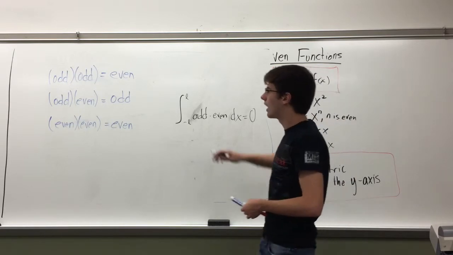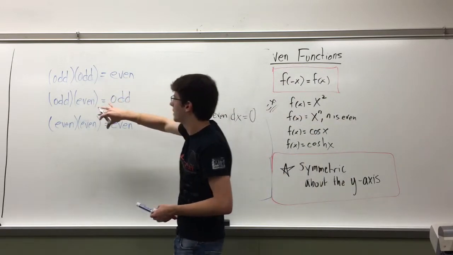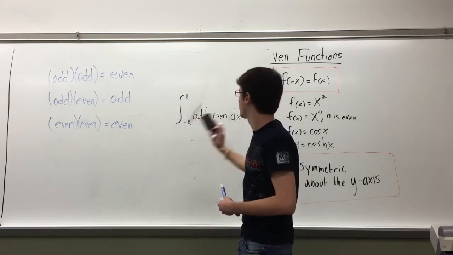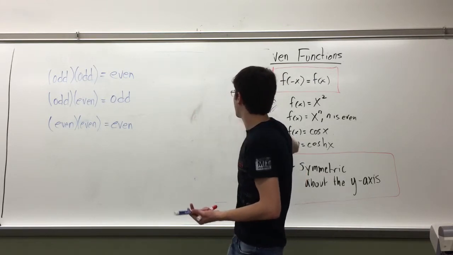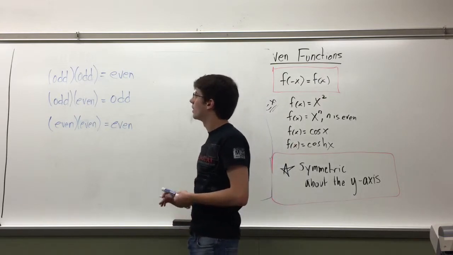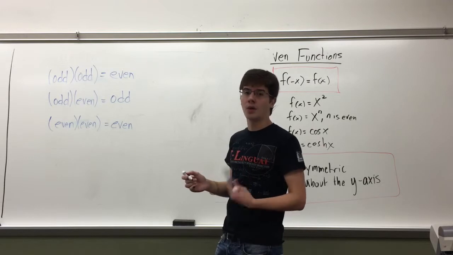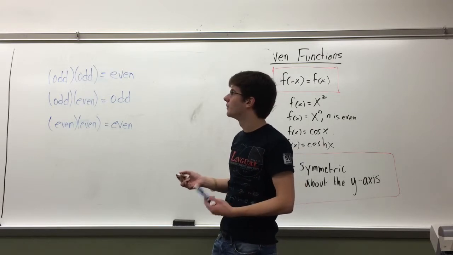One way of not having to memorize all of these things, which particularly works for me because I don't like memorizing these things, is this. When I'm in a test or a quiz and I need to remember, what is the product of two odd functions? Well, just think of two odd functions off the top of your head.